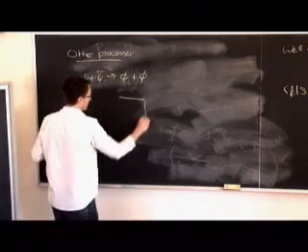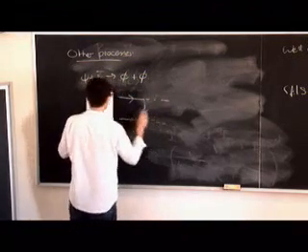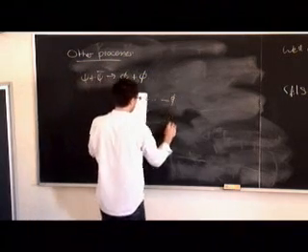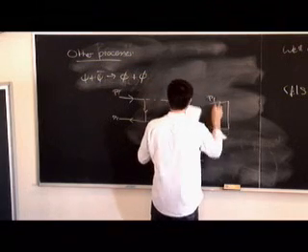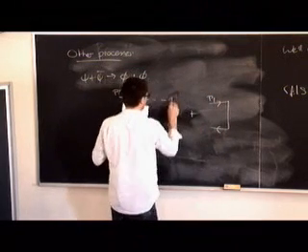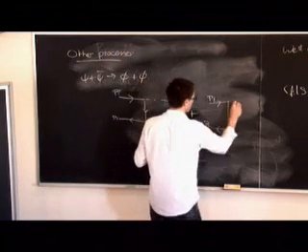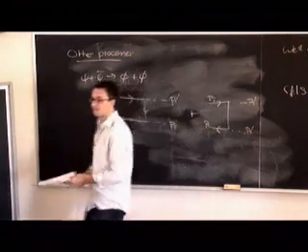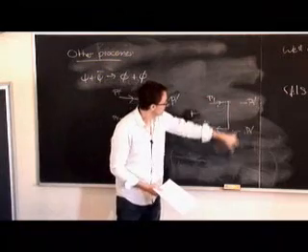What are the diagrams for that? Two diagrams. These are the mesons, these are the nucleons.